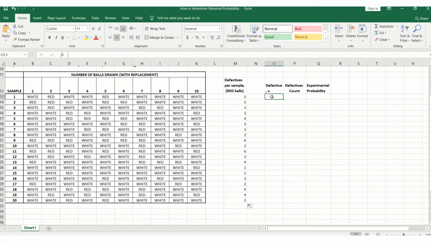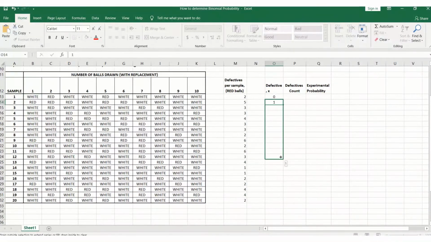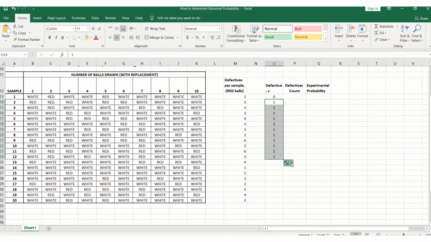For the number of defectives X, suppose there are 0 defective, 1 defective, so I can just drag it down. There can be only 10 defectives possible.